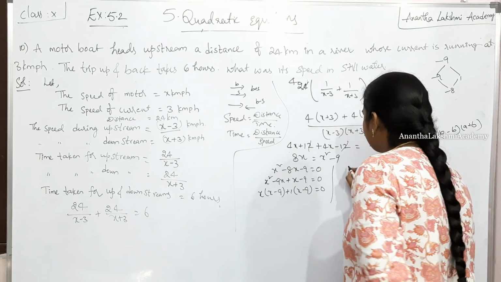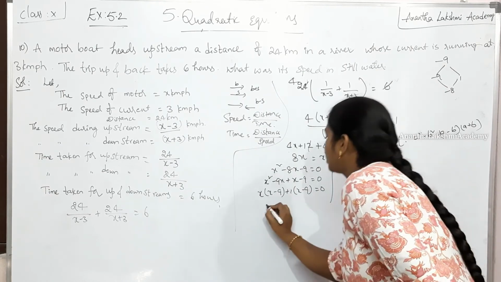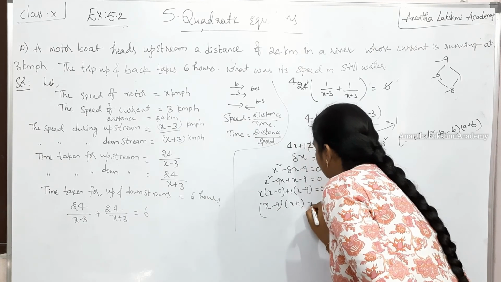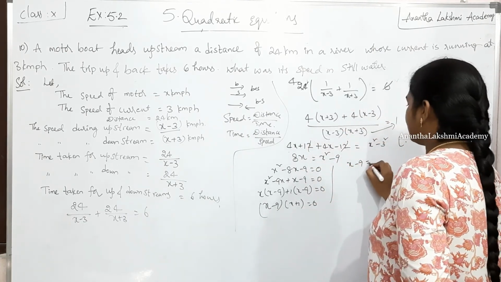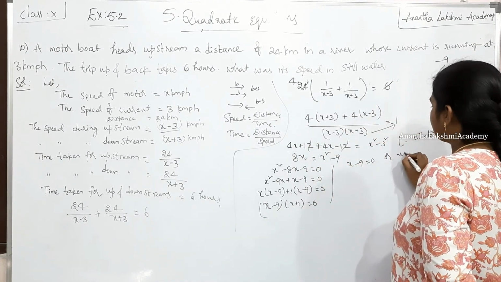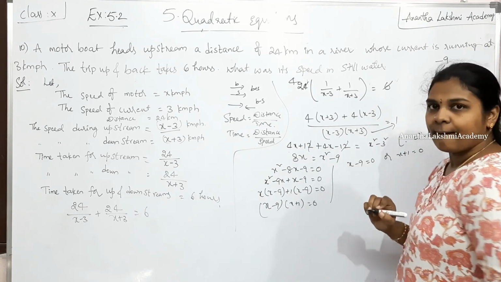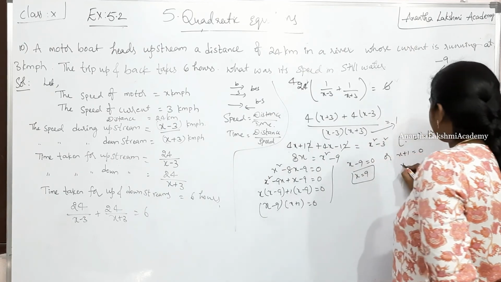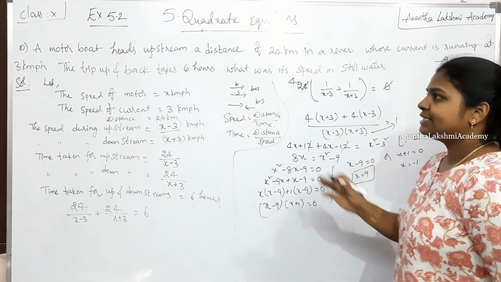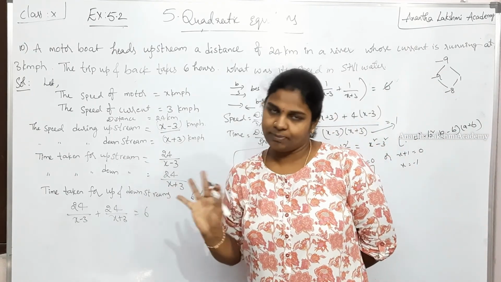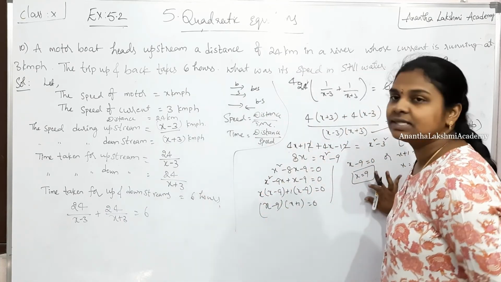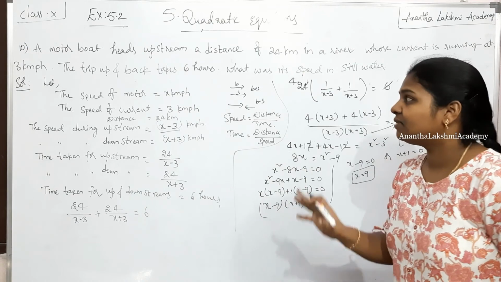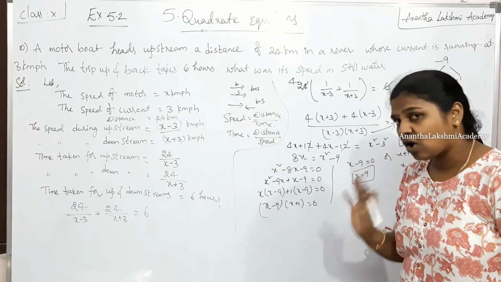So this becomes x minus 9 multiplied with x plus 1 is equal to 0. X minus 9 is equal to 0, or x plus 1 is equal to 0. So x is equal to 9 or x is equal to minus 1. Since we are dealing with speeds which cannot be negative, we are going to consider the value of 9. It is very important for you to decide whether to consider the positive or negative value.